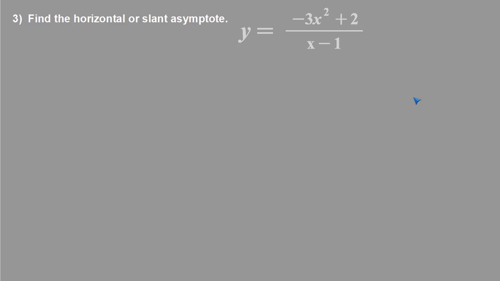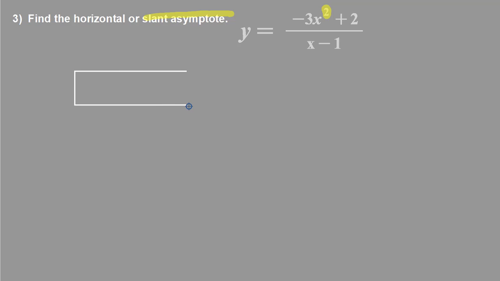Now we are looking at this one to determine what type of asymptote we have. And so when I look at the highest degree, it is in the numerator. That means that we have a slant asymptote. When we have a slant asymptote, that means we are going to have to divide to find out what that asymptote is.